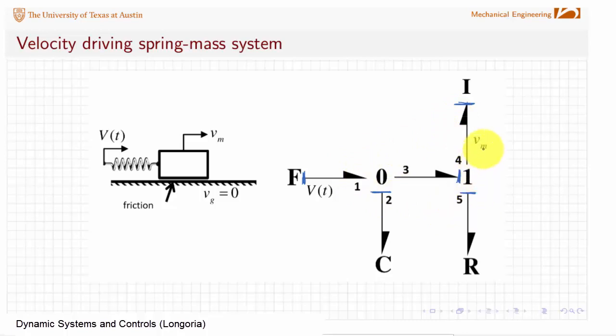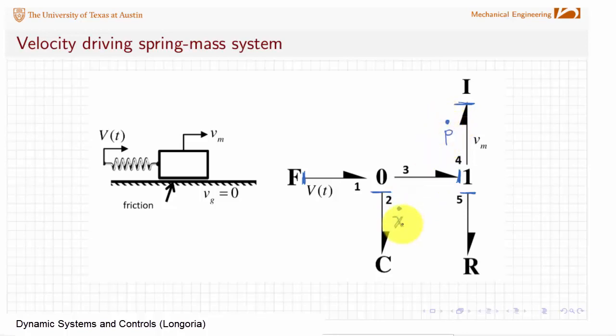The only other step I want to show in these examples is identifying the state vector for the system. Well, we have 2 energy storage elements. They're both independent, which means, the flow variable here is this is a spring, so it's got a displacement state, and on this mass I've got a momentum state.